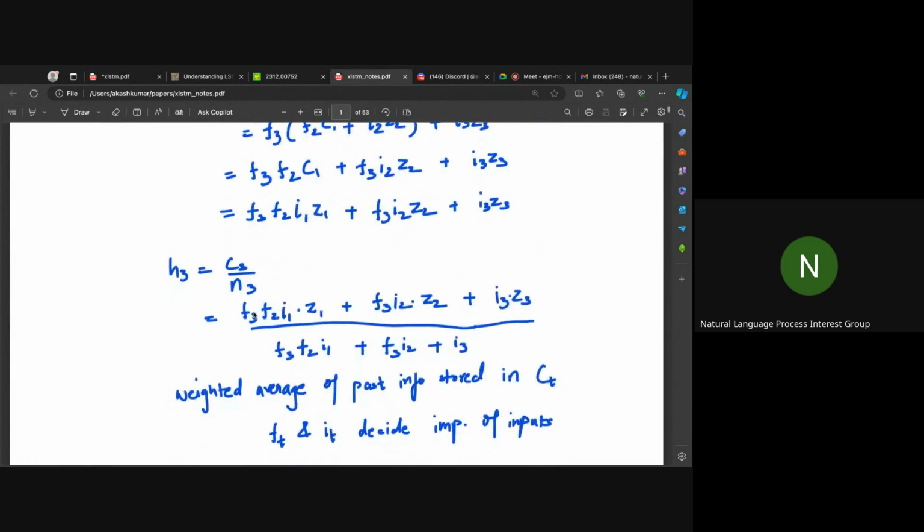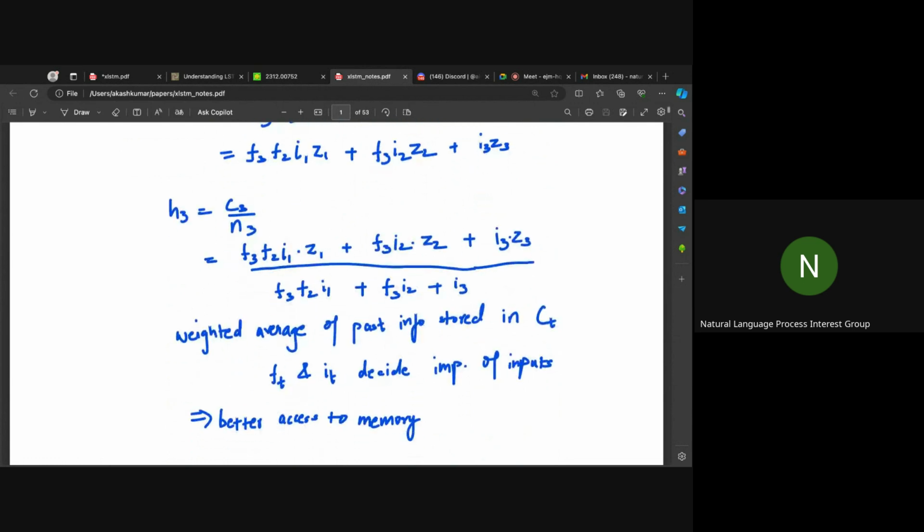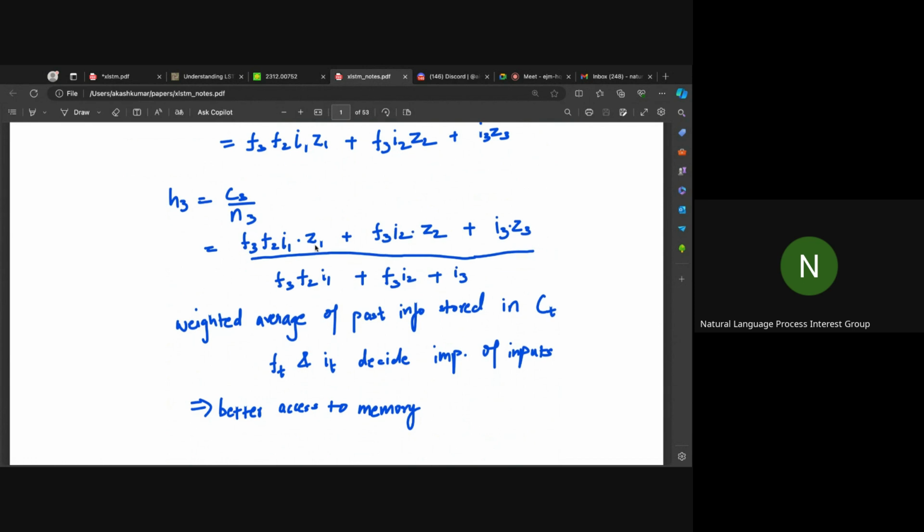And when we calculate the hidden state at the third time step, which will be the cell state divided by the normalizer state at the third time step, we will get an expression like this. So if you see here, this expression is like the weighted average of the cell inputs at that particular time step.